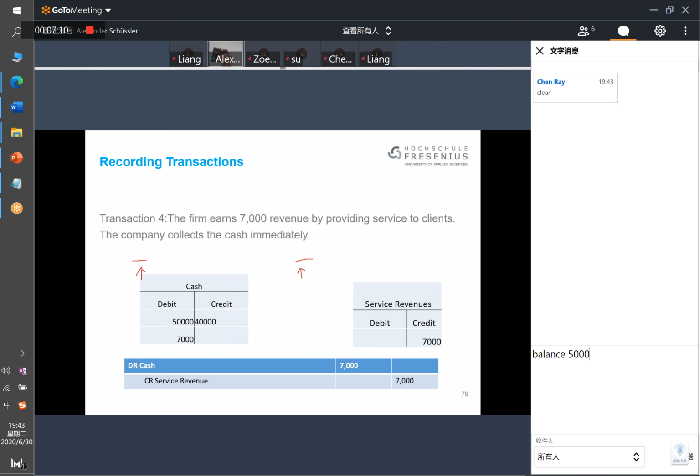Okay. Next transaction. The firm earns 7,000 revenue by providing services to clients. The company collects the cash immediately. Here, in our journal entry, we debit cash because the customers pay in cash, and we credit service revenue.